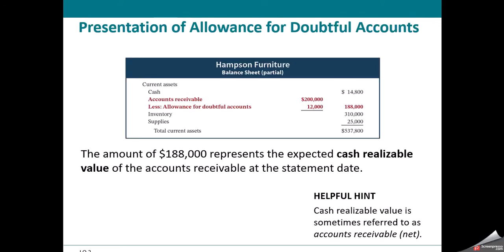So then here's their balance sheet, and this is where we have it at that realizable value. Their total accounts receivable is $200,000. Again, based on his judgment, 12,000 of that is uncollectible. So when we bring that over onto our balance sheet, it's 188,000.